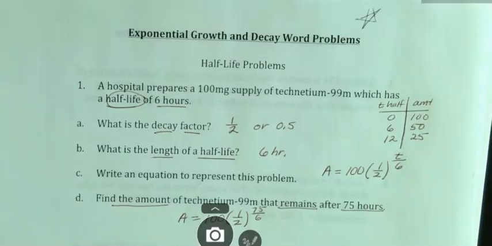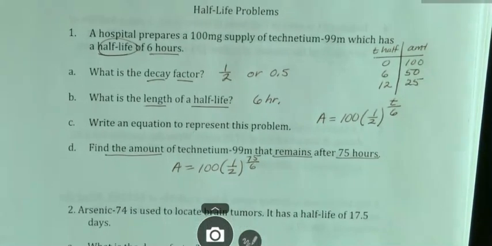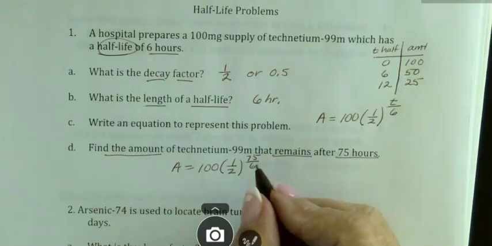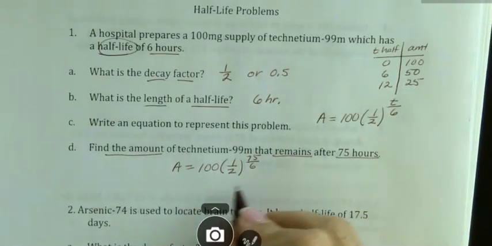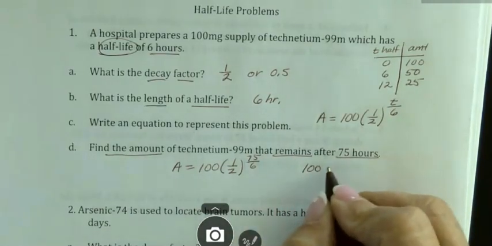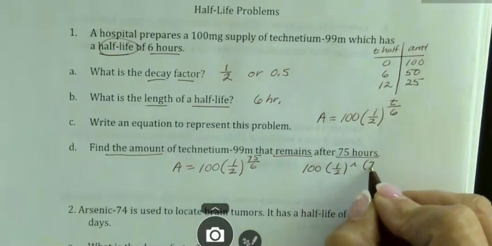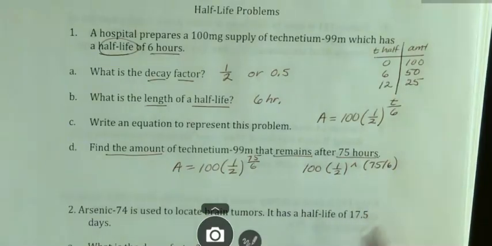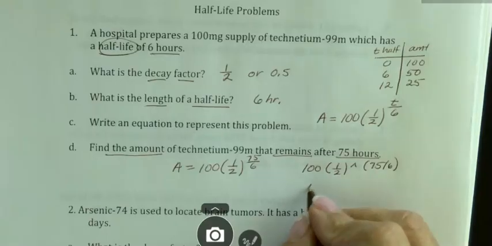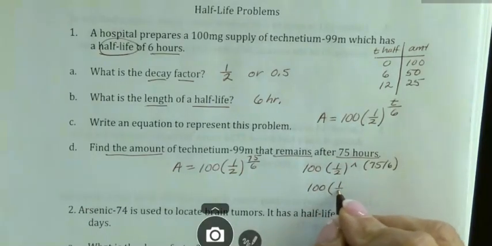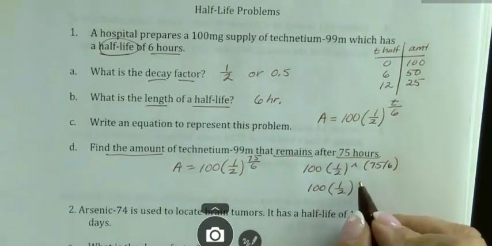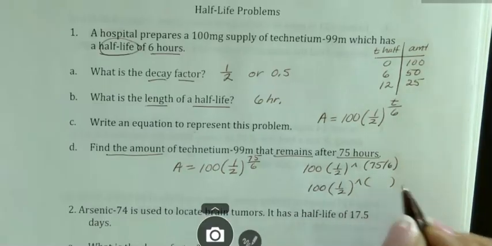Now, when you go to do this problem, be sure that when you put this into your calculator, you need 100 times 1/2. You could do the caret key if you want, 75 divided by 6. Okay, if you want to put it all in at once. Now, some kids like to put in the 75 over 6 and get a decimal value.